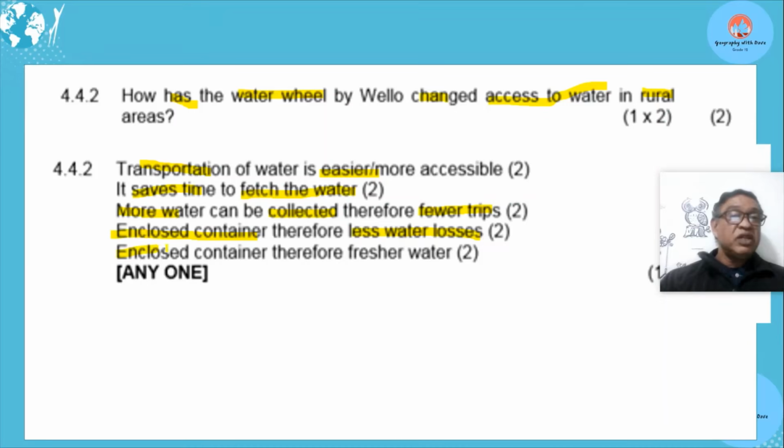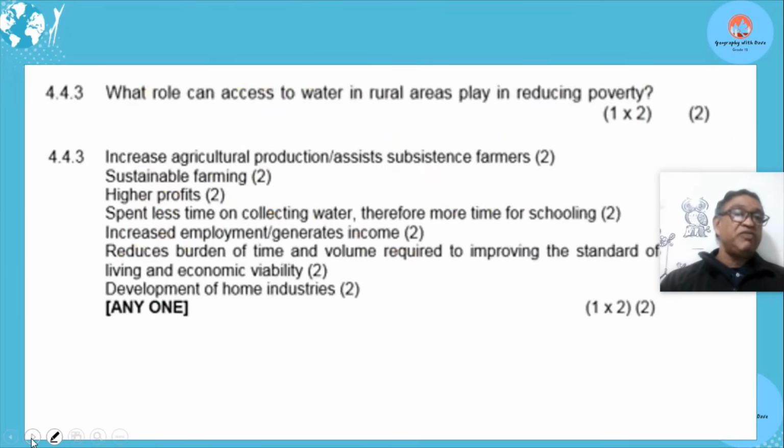Enclosed container, fresher water. No pollutants going in it as you're carrying your bucket. All right, can you see how logical you can work it? That's geography, learners.